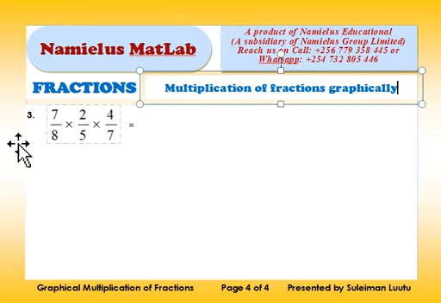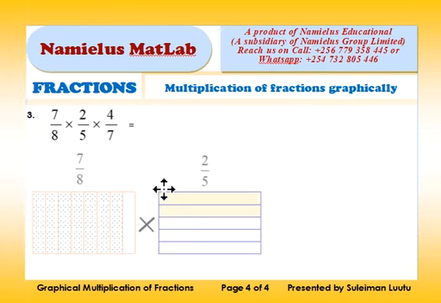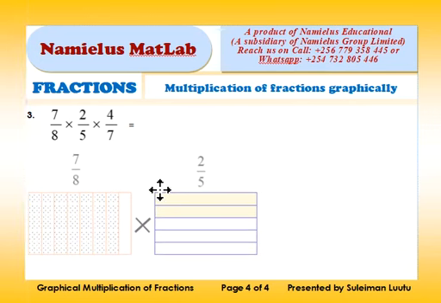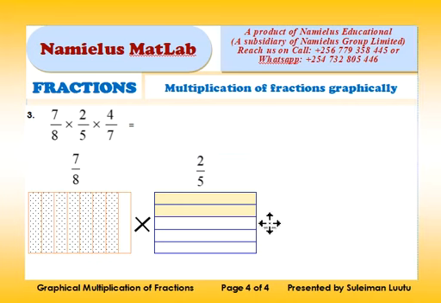So the first 2 fractions to be multiplied are 7 out of 8 by 2 out of 5. So that is what we have. The first 2 to be multiplied, it is 7 out of 8 by 2 out of 5. So what do we have here?